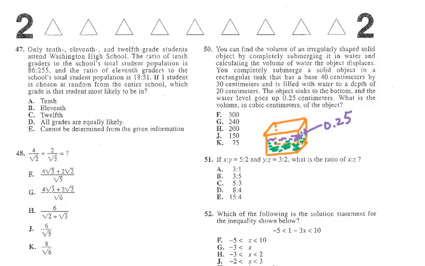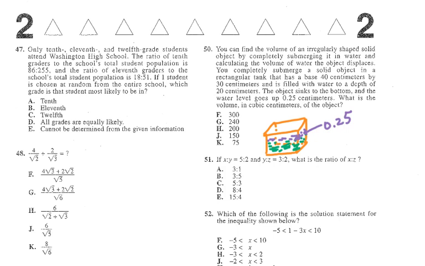For number 50, suppose this is the rectangular tank, and the green part represents the original water before the object sinks to the bottom. After the object sinks to the bottom, the water level goes up by 0.25 centimeters.